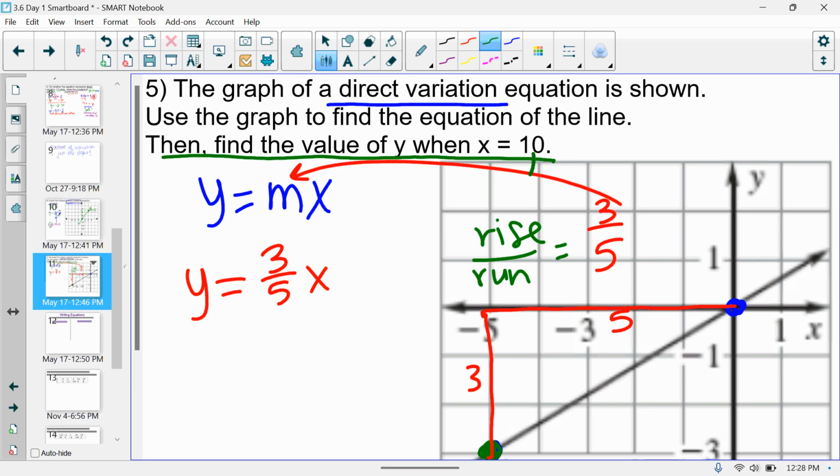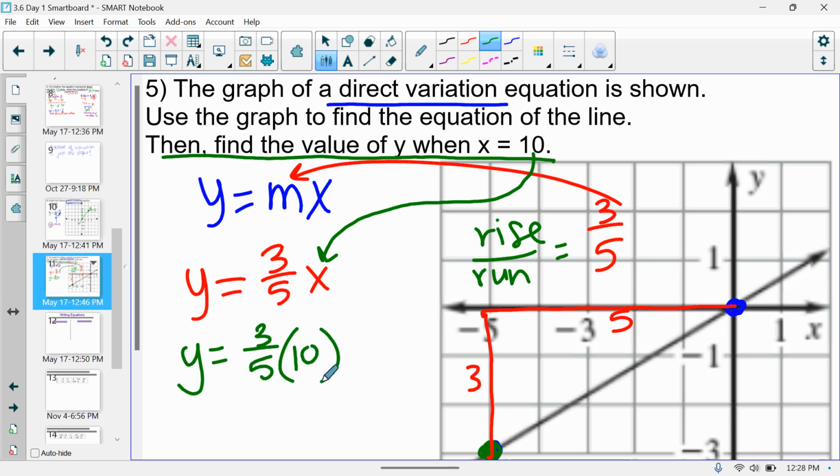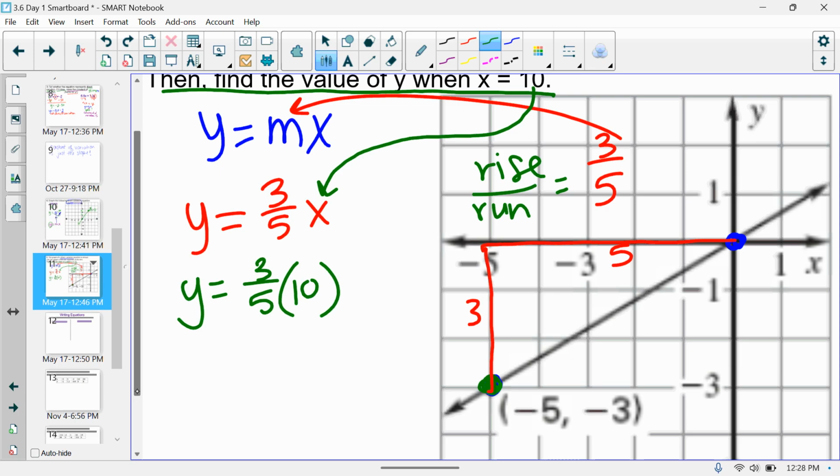Now that I have an equation, I can just fill in 10 for x. So I can take 3/5 times 10. That way I can figure out when x is 10, what is y. Go ahead and do that math and see what you get. You should get 6.